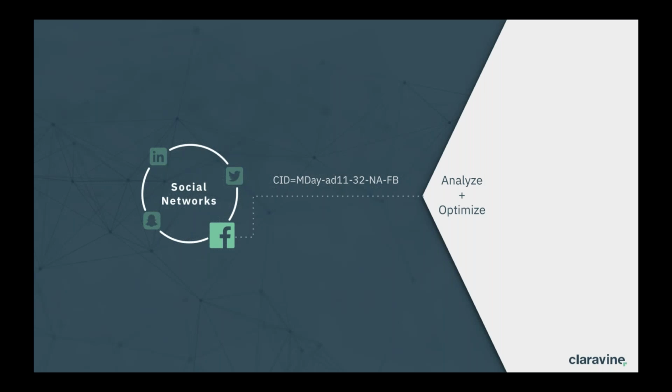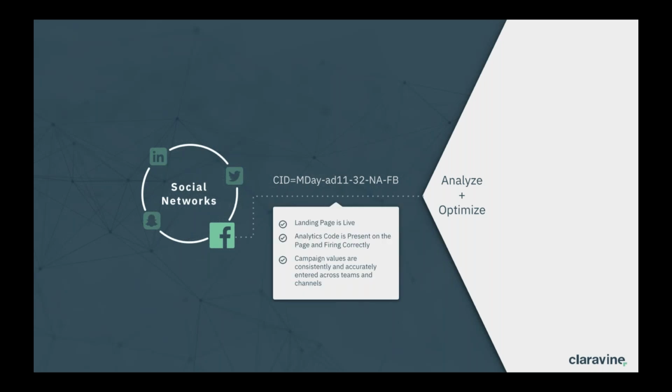If we start from here, there are several things that need to be true for this campaign to successfully track in our analytics platform. First of all, for the landing page to be live. If we're sending traffic to a page that is going to a 404 or that isn't completely built out yet, then we're not going to get any data back.